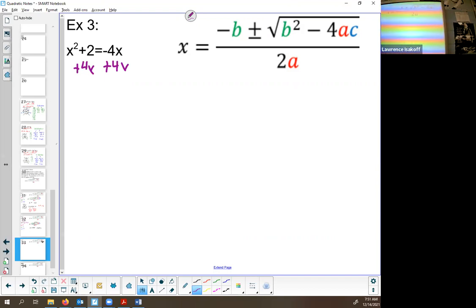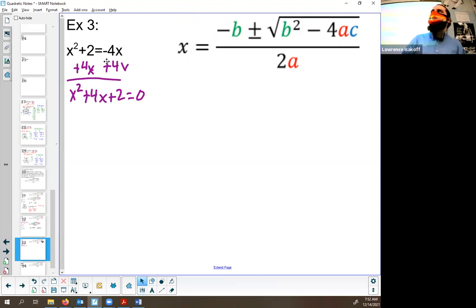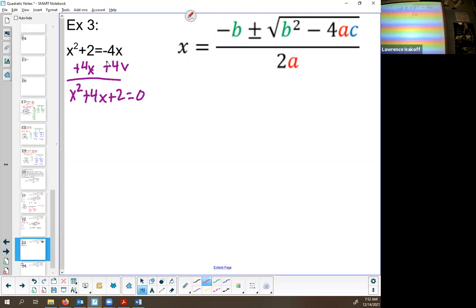So here, I'm just going to rewrite it as x squared plus 4x plus 2 equals 0. Now you may say that doesn't look too bad, but when I look at 2, if I try and factor this, only thing that multiplies to give me 2 is 1 times 2, but that adds up to 3 or subtracts to 1, and that's not this positive 4 here, so I can't factor it.